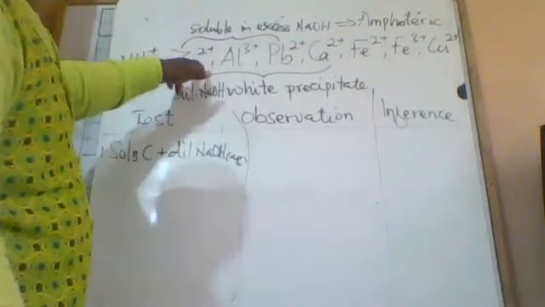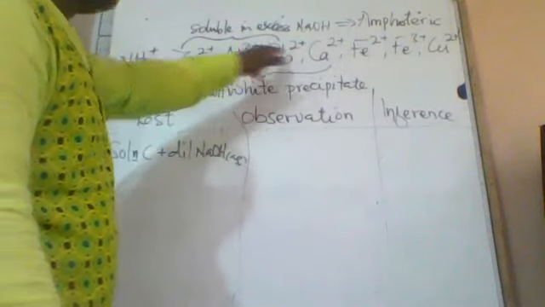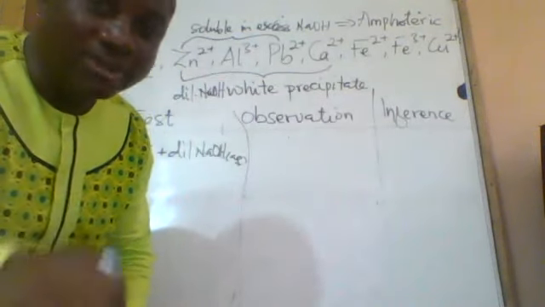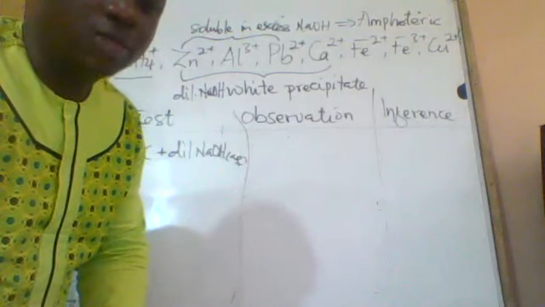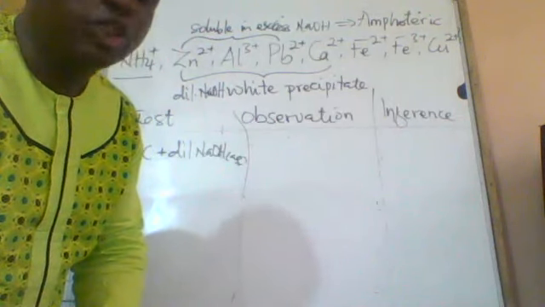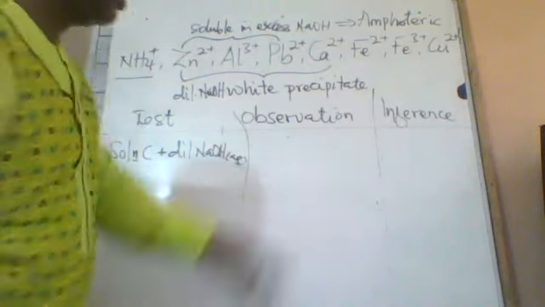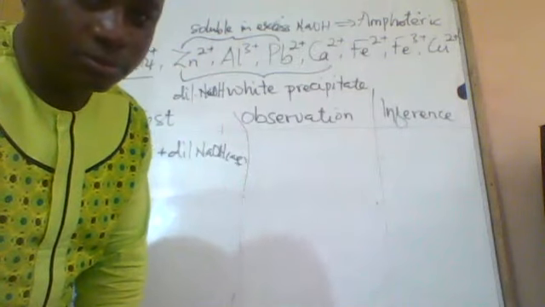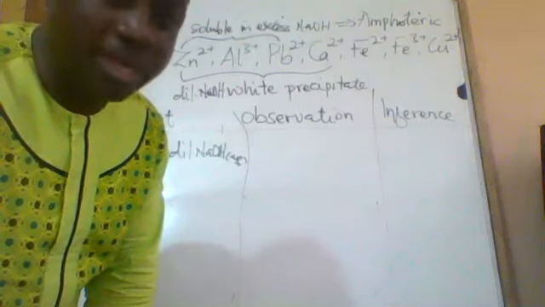So Zn2+, Al3+, Pb2+, because of the amphoteric nature, when you add sodium hydroxide to them in excess, the PPT will dissolve. The PPT is soluble because they are amphoteric. But if it is Ca2+, the PPT will not dissolve. Ca2+ is not amphoteric, so it will not dissolve. It will remain there.